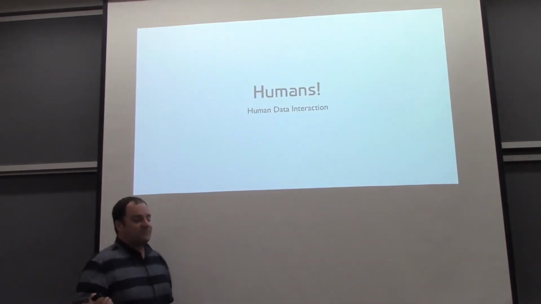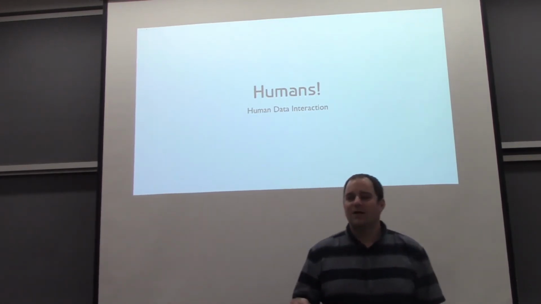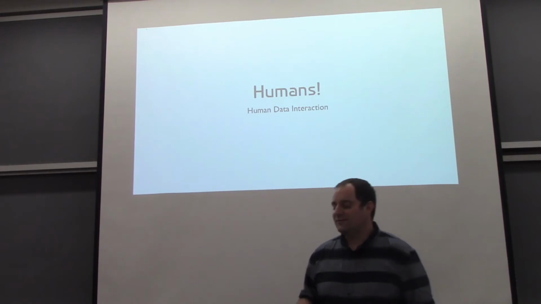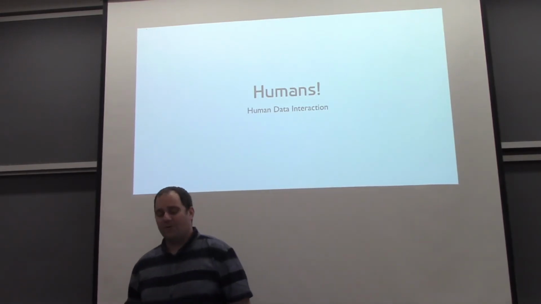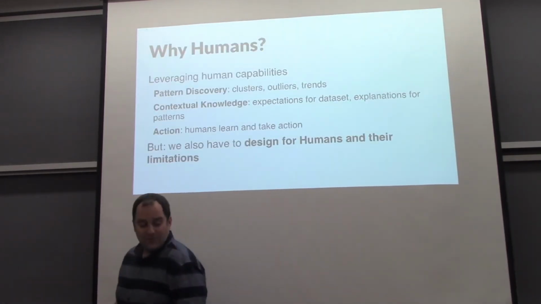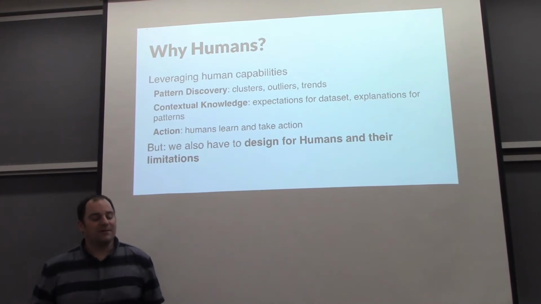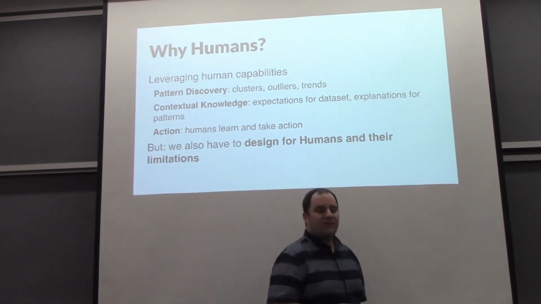Now, there was not really a need for that point, because most of you in this class are convinced that data is important. But now let me make the point about why we need humans in this human-data interaction. Why humans? Well, we can leverage human capabilities. We are really good at discovering patterns.